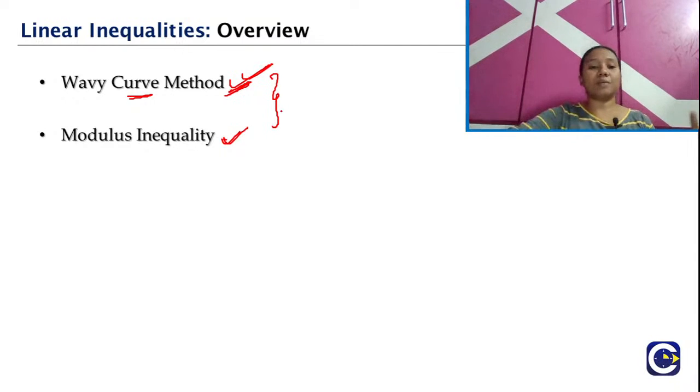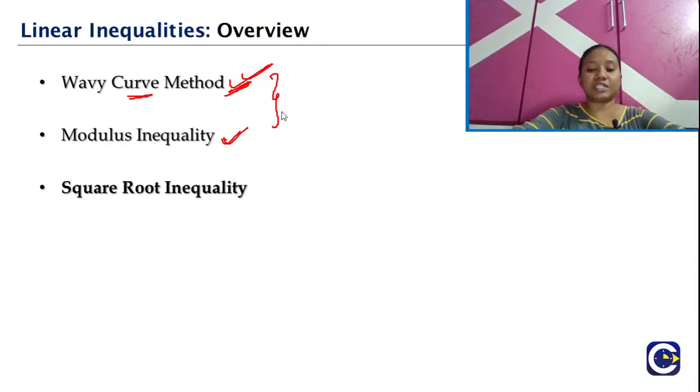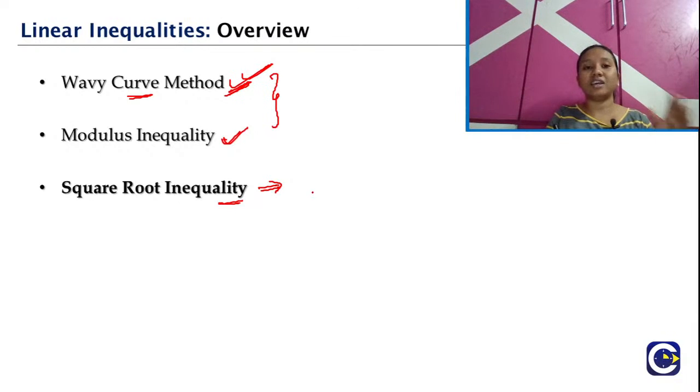Coming to today's session, what topics are we going to cover? Today we are going to start with square root inequality. If you remember, while discussing the basic properties of inequality, we discussed that we can't simply square both sides of an inequality unless we are sure that both sides are positive values.